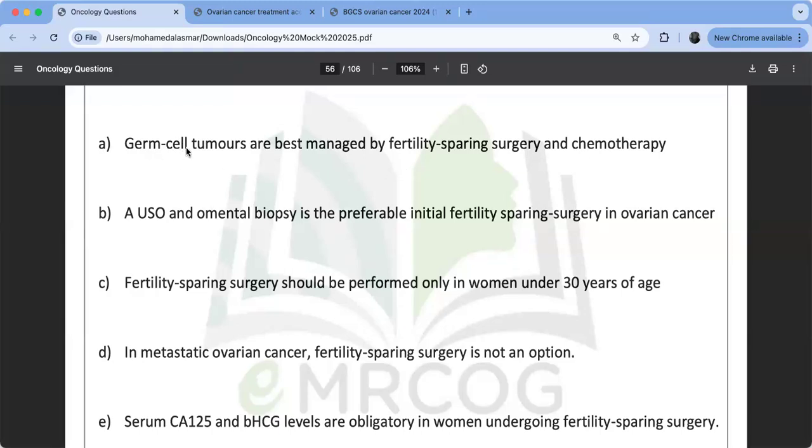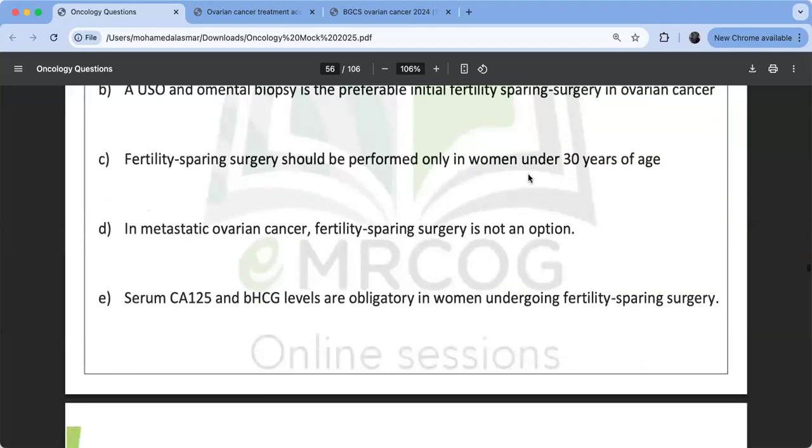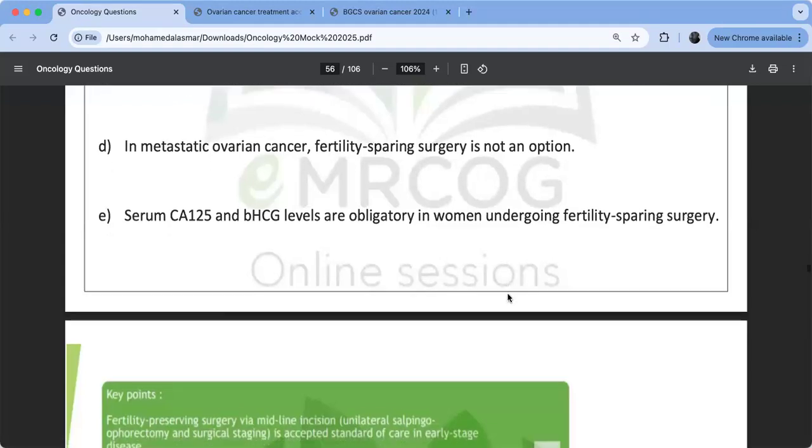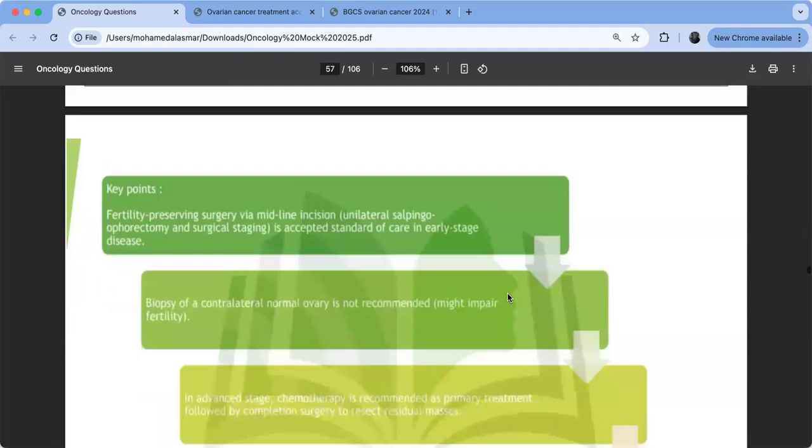Can I treat all germ cell tumors with fertility sparing surgery, even if it's an advanced stage? No? Yes, okay. So yes, in metastatic ovarian cancer, fertility sparing surgery is not an option.